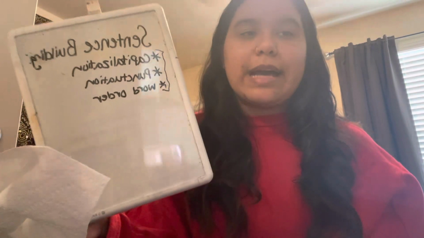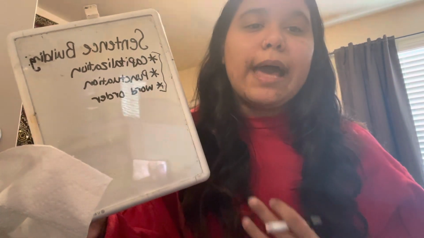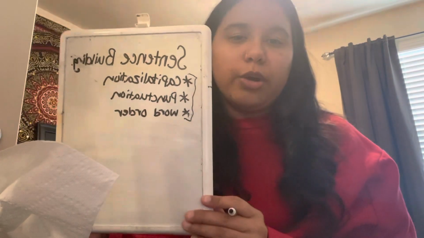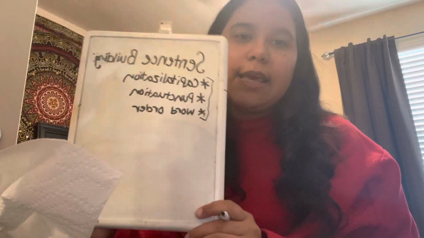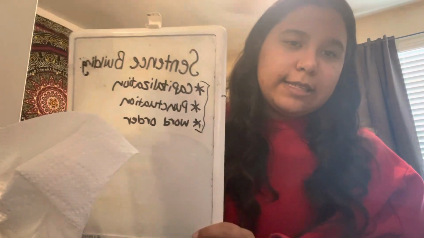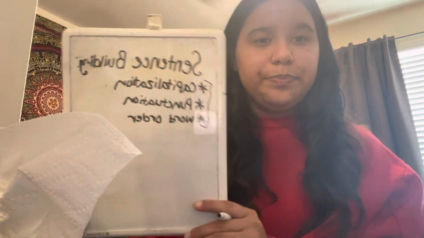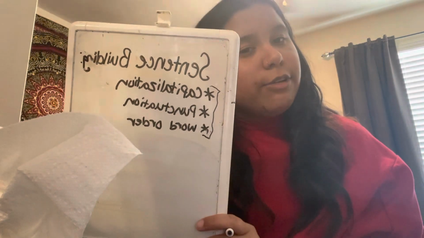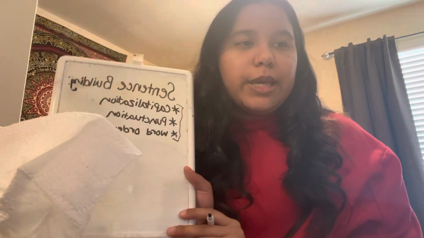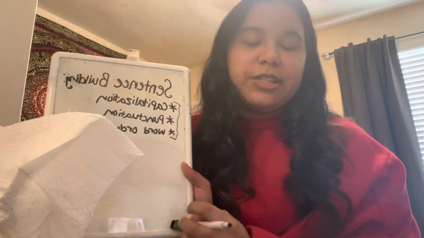So now I want you guys to try on your own. So I'm going to give you a list of words. I'm going to write a list of words on the board that you and someone in the class can work together, and you guys can create sentences together on your own, okay? And I'm going to walk around and help you guys if you need me to, but I'm going to write out the list of words.